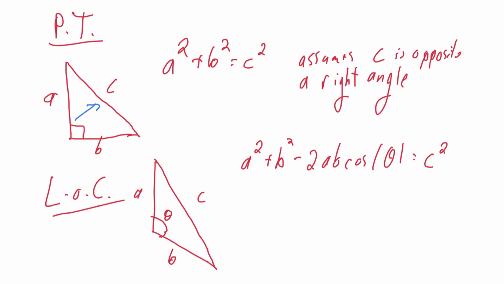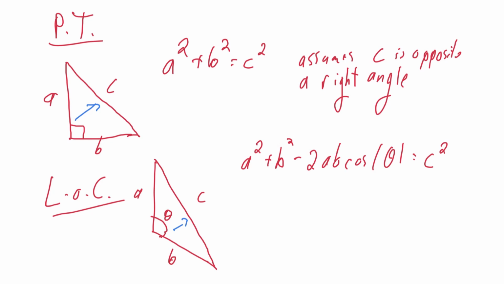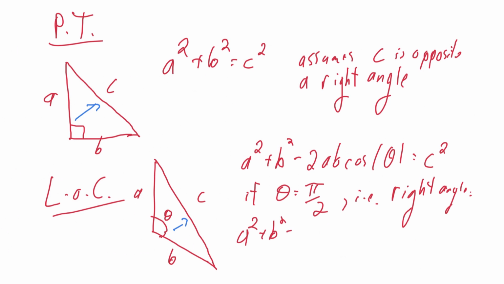Now, you can perhaps see the similarity, but it's even more similar if we notice that the law of cosines includes the Pythagorean theorem as a special case. That is, when theta is equal to pi over 2, the law of cosines is exactly the Pythagorean theorem. So if theta equals pi over 2, i.e. a right angle, then what does this look like? a squared plus b squared minus 2ab cosine pi over 2 equals c squared.